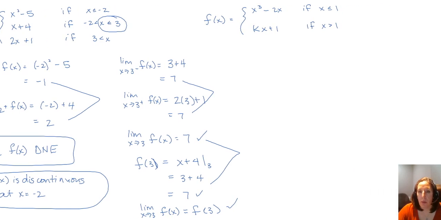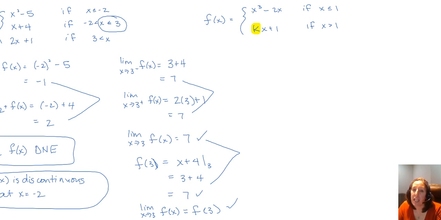All right, another type of problem that you'll see often that fits right along with this is find the constant, in this case the constant k, so that this function is continuous. Well, that means we need these things to happen. We need the limit to exist, and again, k is a constant here, so kx plus 1 is a polynomial, x cubed minus 2x is a polynomial.